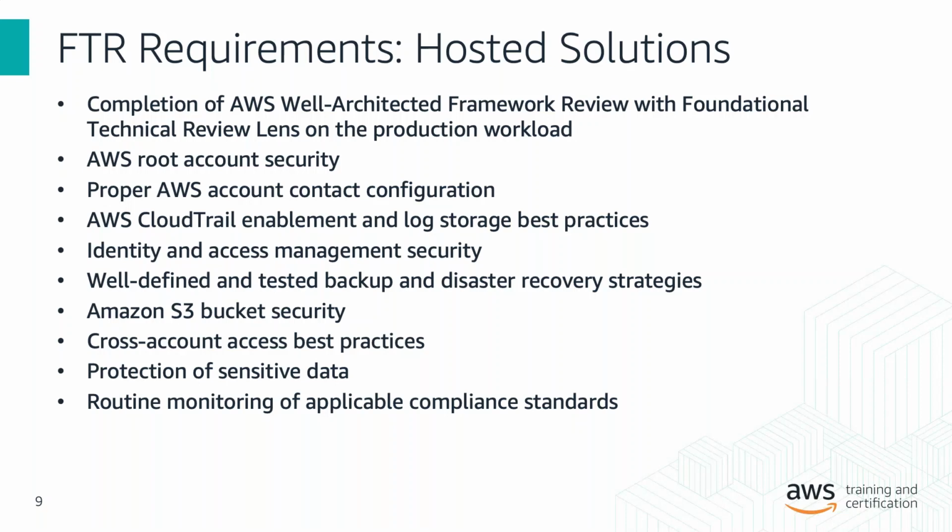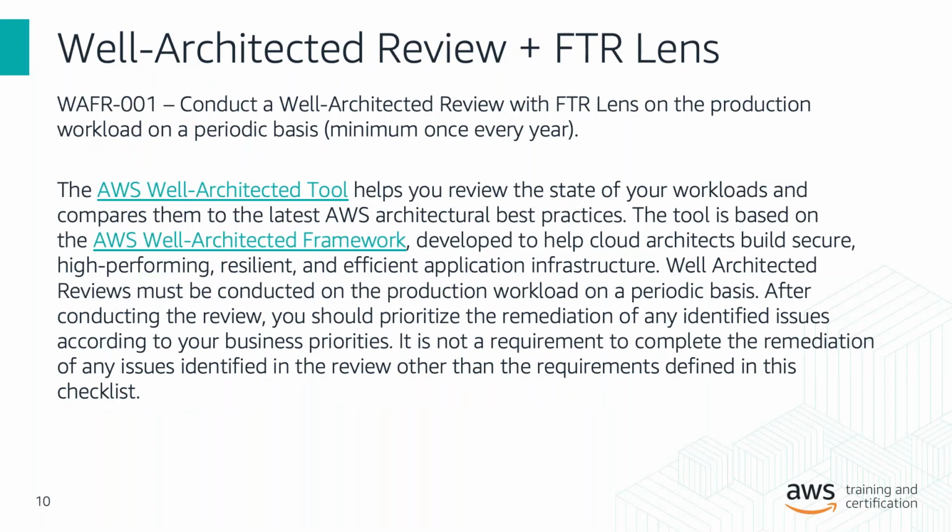In order to gain FTR approval, you have to have completed an AWS Well-Architected review with the FTR Lens. And the actual requirement language for that is this: conduct a well-architected review with the FTR Lens on the production workload at least once a year.